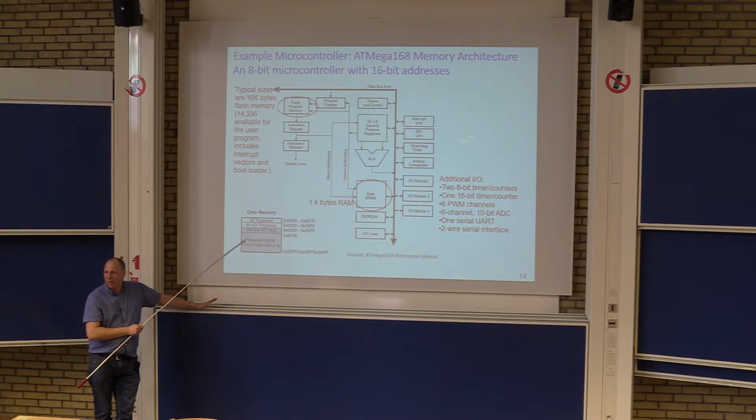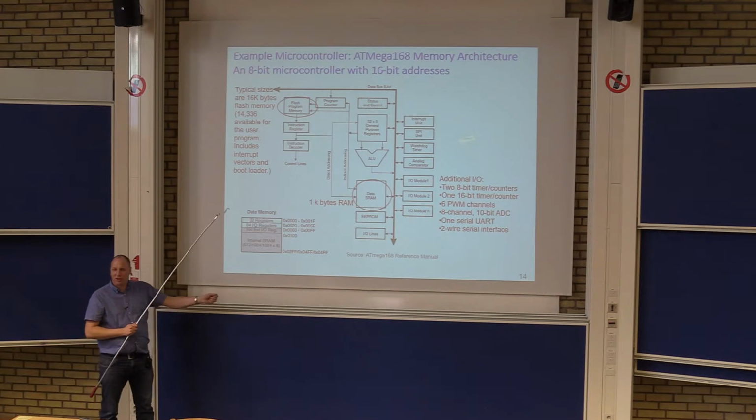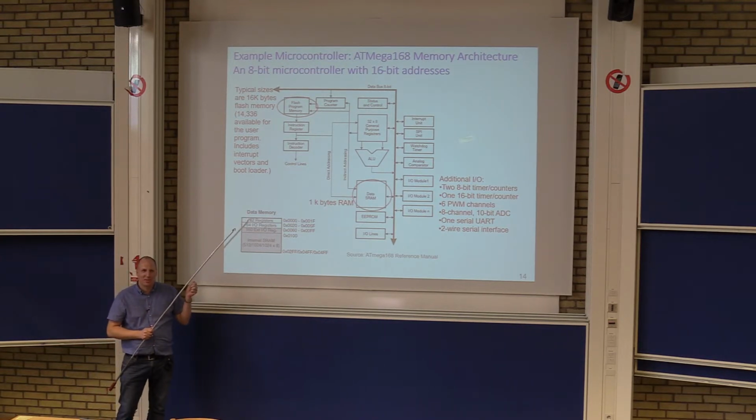So it's memory mapped. The only thing you need to do is to read a value like you read any other variable, but you just need to know which address you read from.